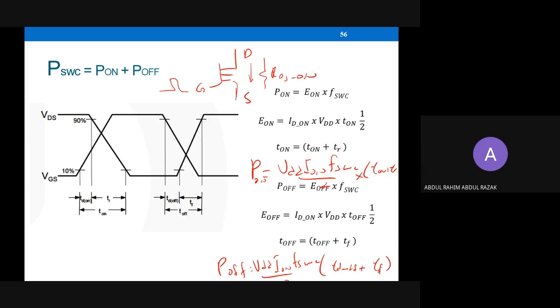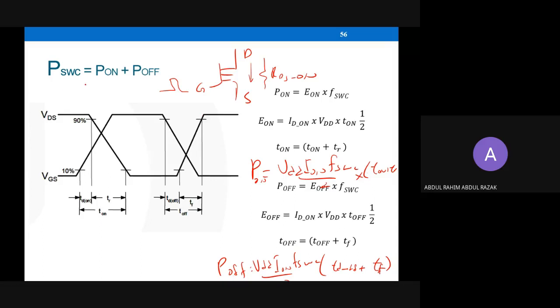These values you can get from your datasheet and the switching from the operational condition. VDD and I on you get from your calculation. VDD is from the scenario. Divide by 2, and you will get your P on and P off.